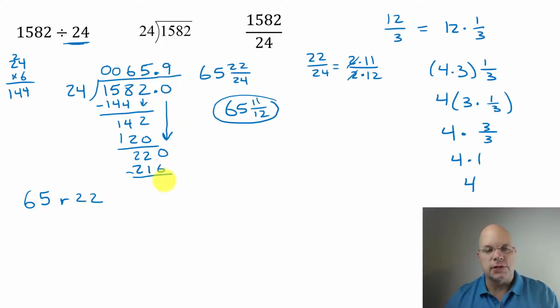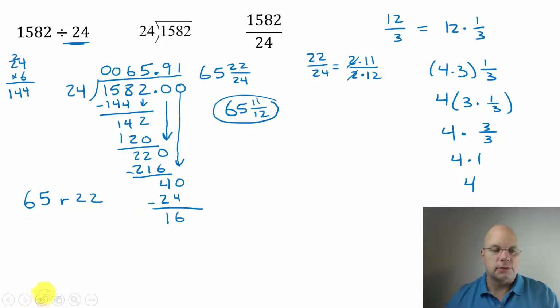Subtract and we get a difference here of 4. We can show the 0 in the hundredths place. Bring that down. And how many 24s in 40? Subtract and we get 16 here.